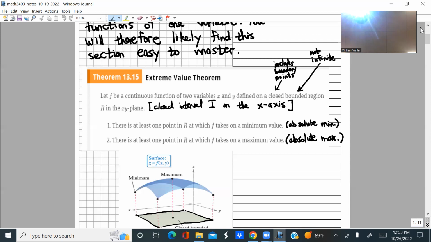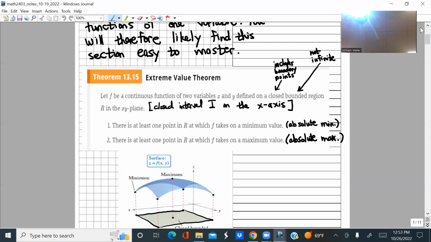So this picture shows you that this surface has what's called, as David mentioned, an absolute maximum. This point is higher than the other points on the surface, right? And this is an absolute minimum. This point is lower than any other point on the surface.